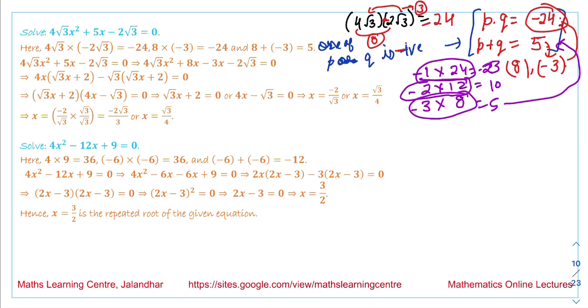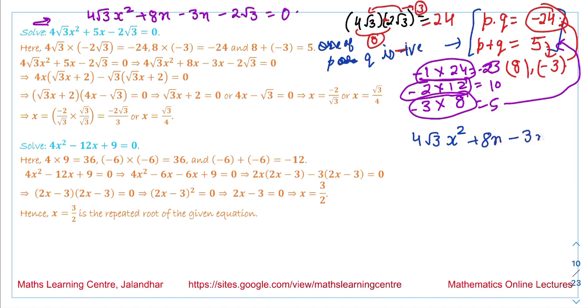So we can split the middle term and write it as 4 root 3x square plus 8x minus 3x minus 2 root 3 is equal to 0.